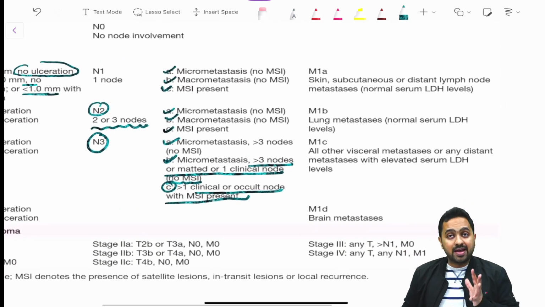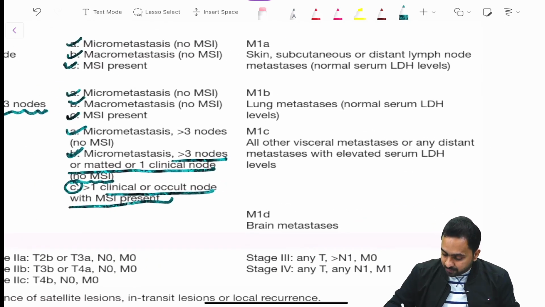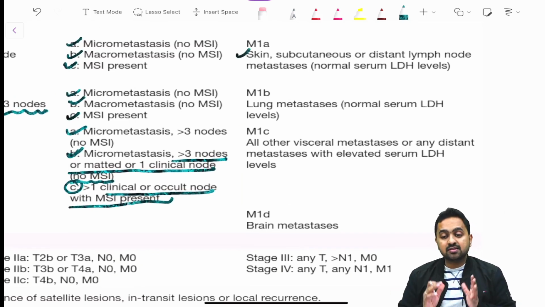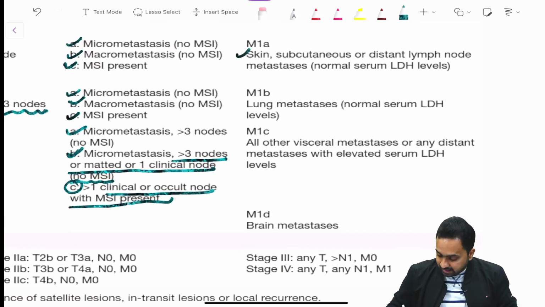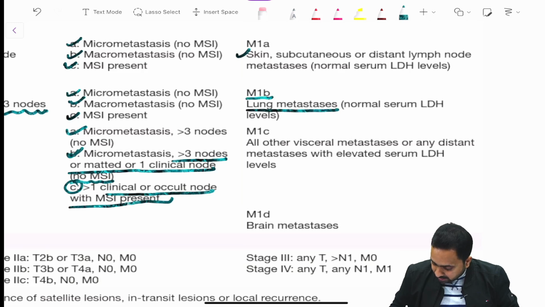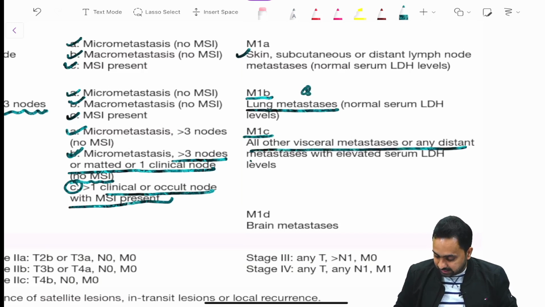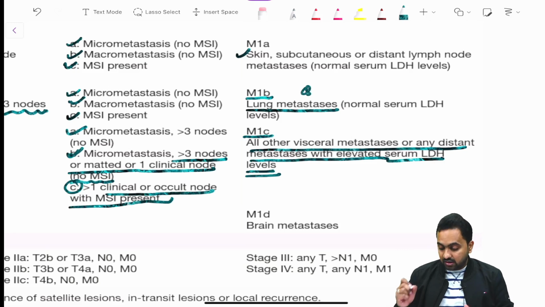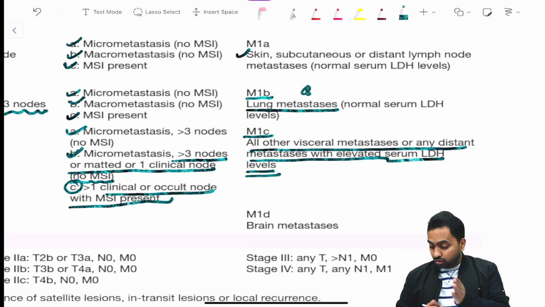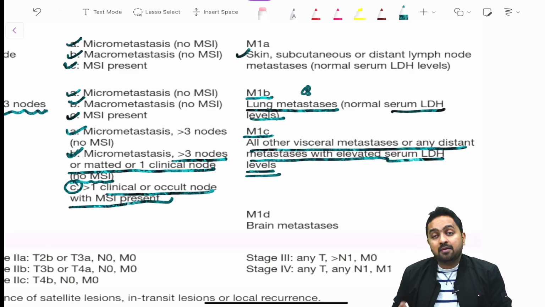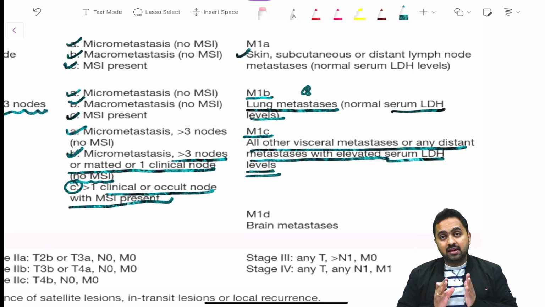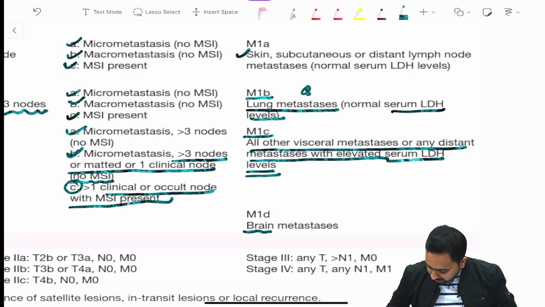Then regarding your M staging, M1A is your skin or subcutaneous or distant lymph node metastasis, M1B is your lung metastasis, and M1C is your all other visceral metastasis or any distant metastasis with elevated serum LDH level, right. So, lung metastasis with a normal serum LDH level, whereas if it is an elevated serum LDH level, then it would be your M1C, and M1D is your brain metastasis, right.